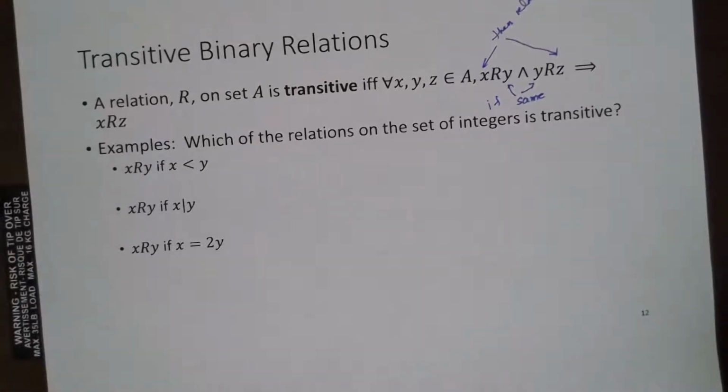So we finished reflexive and anti-reflexive properties for relations. We finished symmetric and anti-symmetric, and we just started looking at what it means for a binary relation to be transitive.